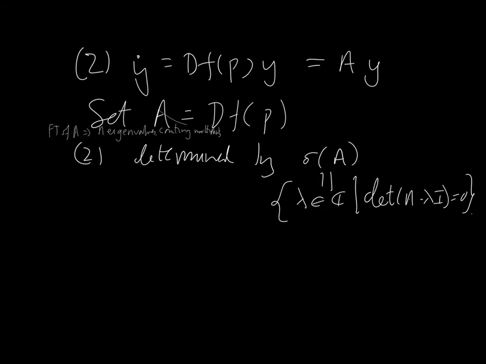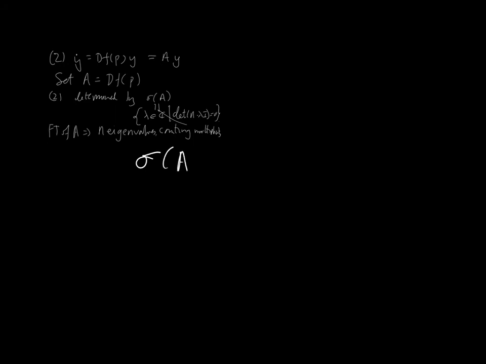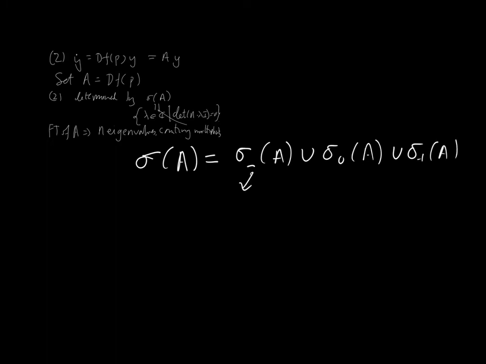So the next step is to decompose the spectrum of A into 3 bits: sigma minus of A, union sigma 0 of A, union sigma plus of A. This is the set of eigenvalues lambda which have real part negative. This is the set of eigenvalues with real part 0, and this is the set of eigenvalues with real part positive.